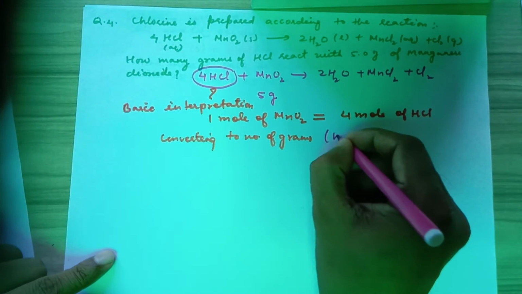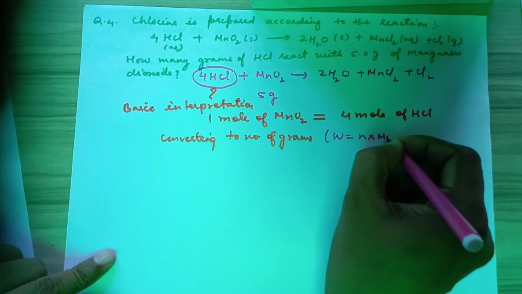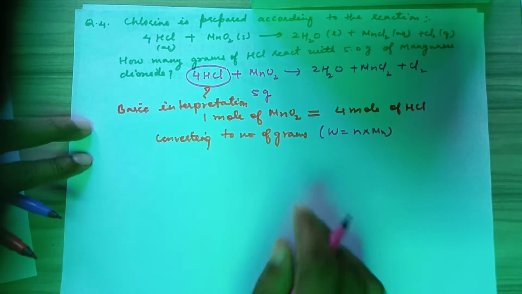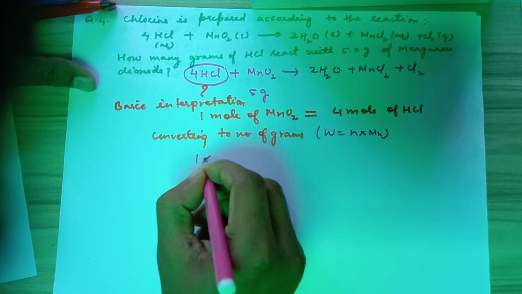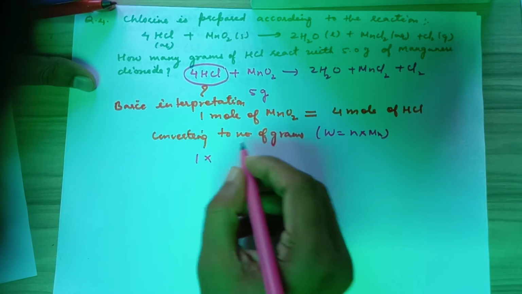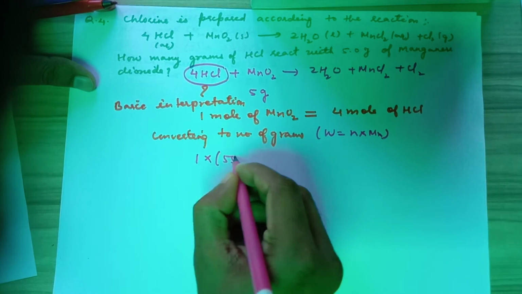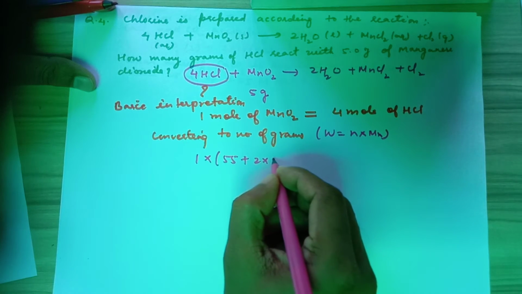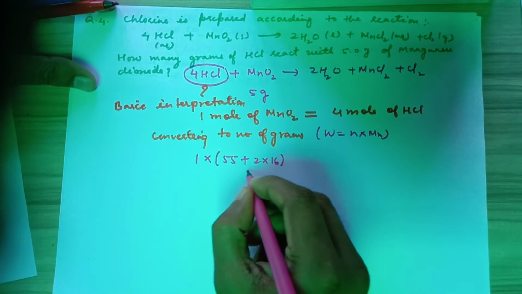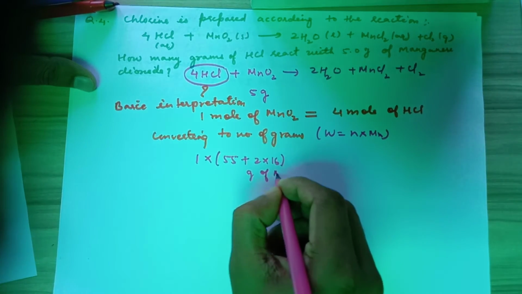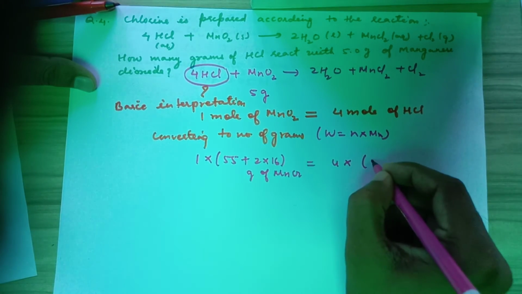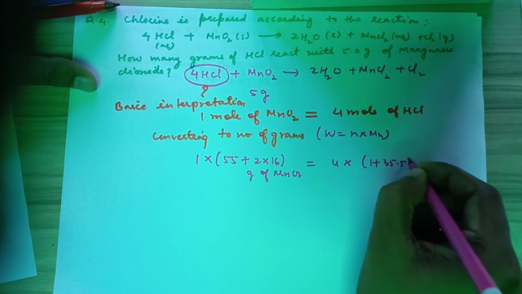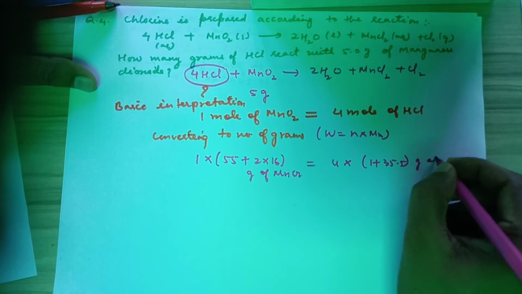Use W is equal to N into MM, that is number of moles into molar mass. So it will be 1 into the molar mass of MnO2, that is 55 plus 2 into 16 gram of MnO2 gives 4 into 1 plus 35.5 gram of HCl.